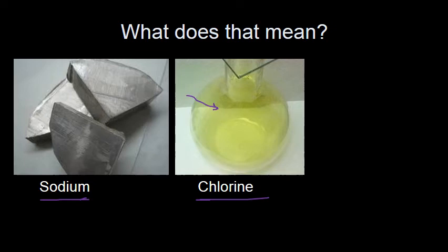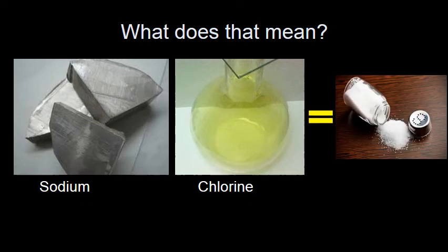But if you put them together, what you get is salt. But that involves sodium chemically combining with chlorine. Now, I think you can agree with me that if you took a hammer and smashed this salt, you wouldn't break it into things that looked like sodium and chlorine.